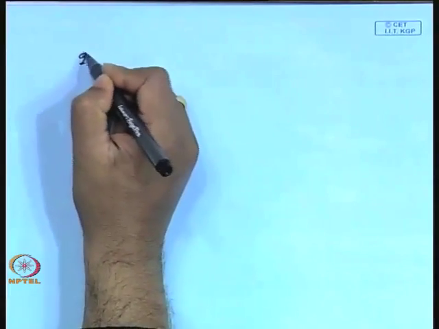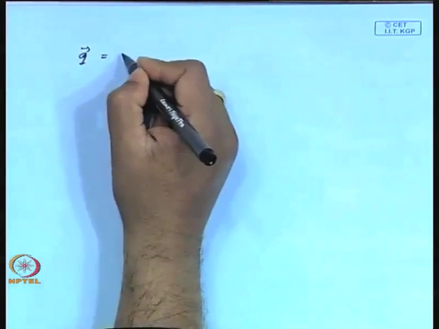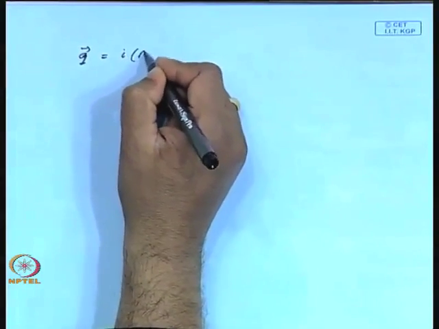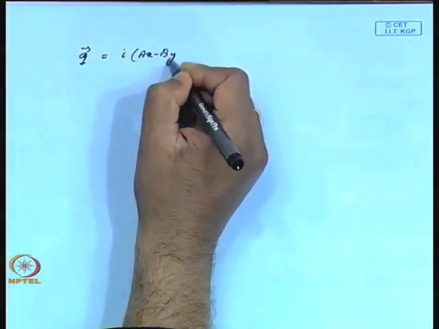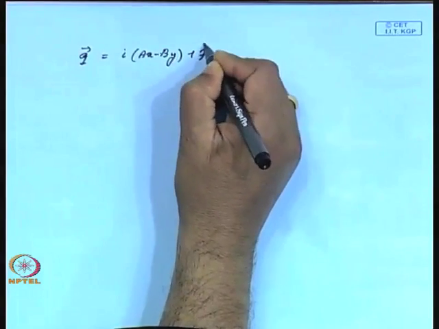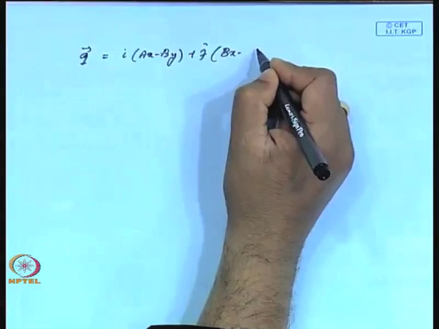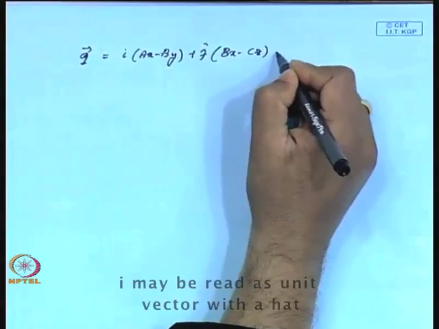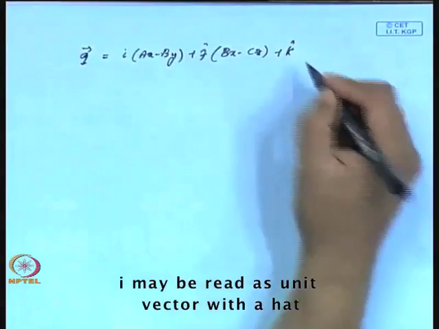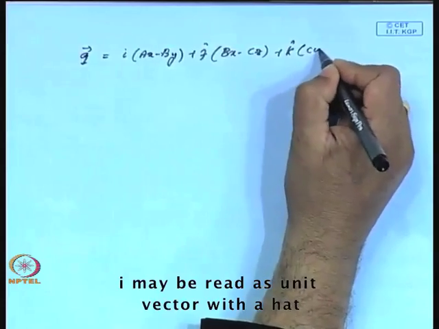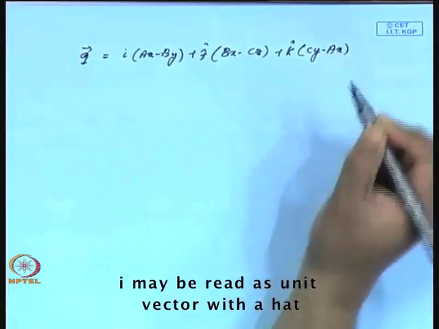I will go to another example where we will talk about how to find the flow characteristics. Particularly, suppose I have been given a velocity vector q bar equals i hat (a x minus b y) plus j hat (b x minus c z) plus k hat (c y minus a x).